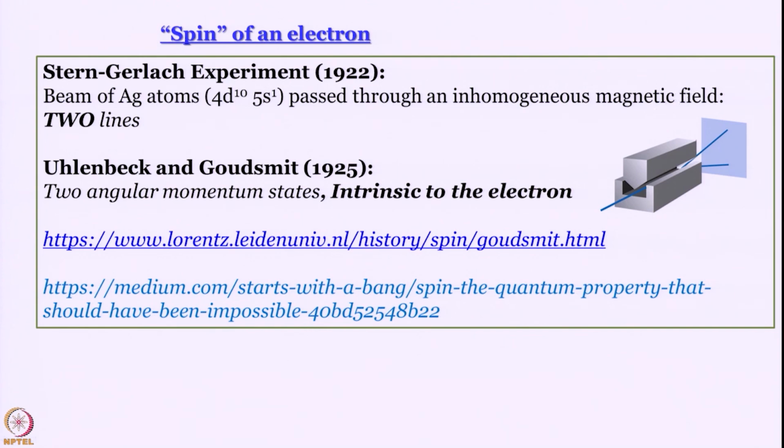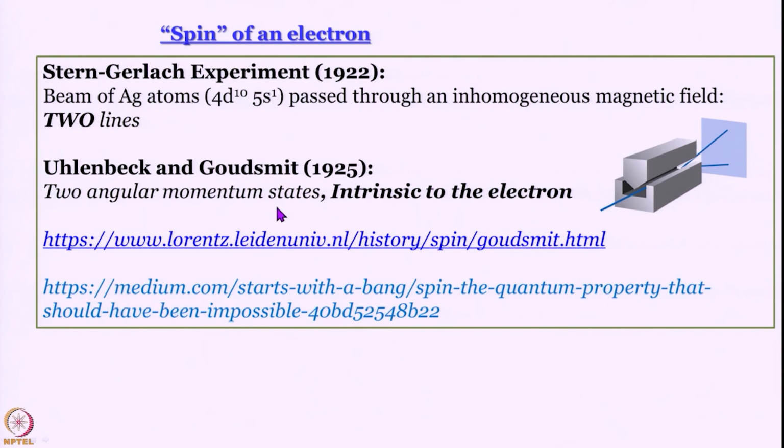So, what was going on there? To explain this, and that was the formative phase of quantum mechanics, right. So, Goudsmit, the way Goudsmit puts his story, and that story can be read here, and a more neutral account can be read in the second link here.